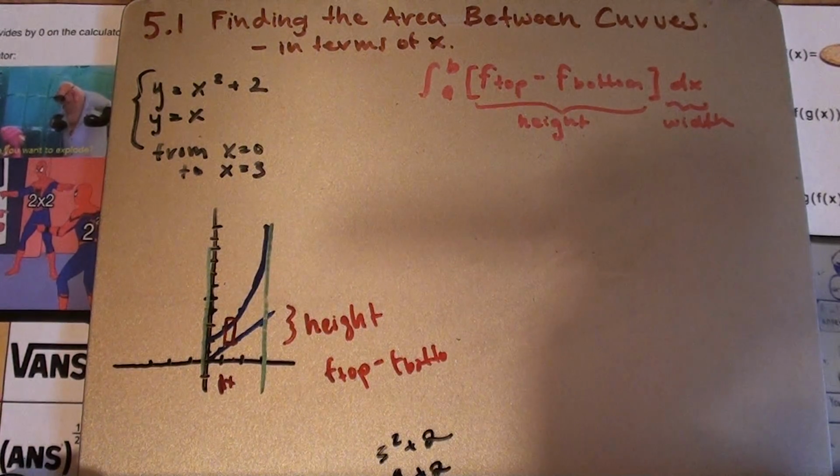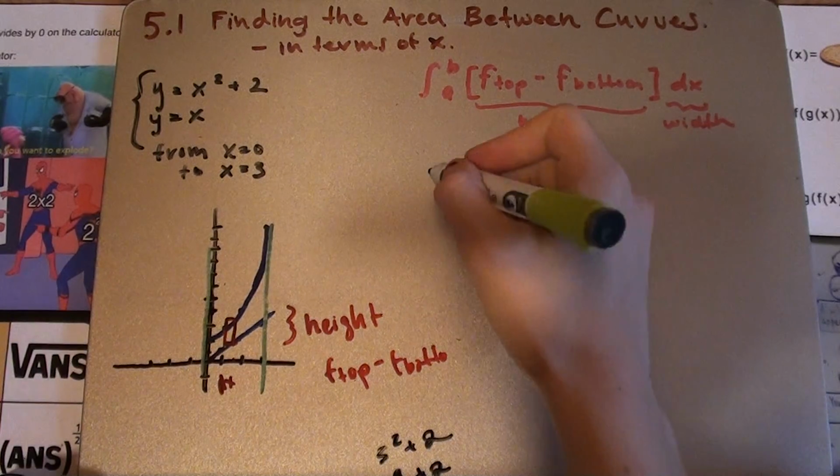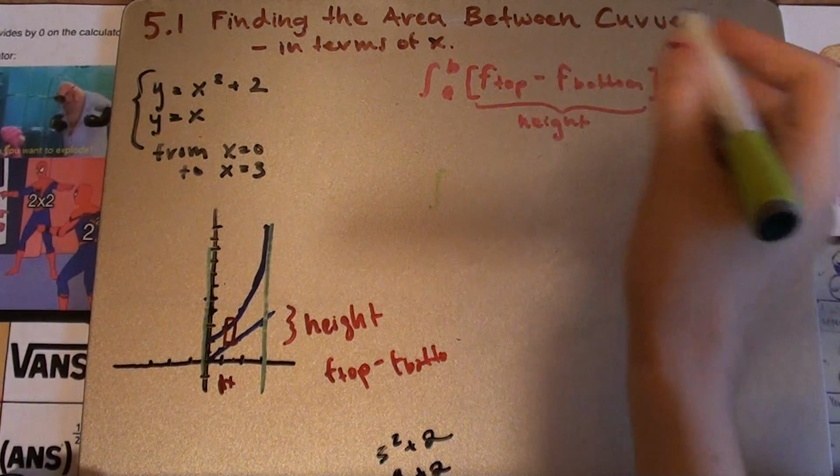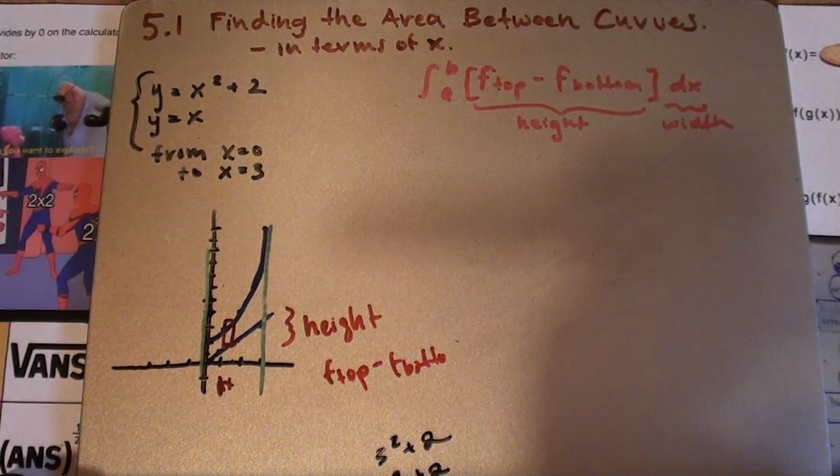So when we plug it all into our integral, we're going to have the integral, and that doesn't show up very well, so I'm going to switch my markers really quick.